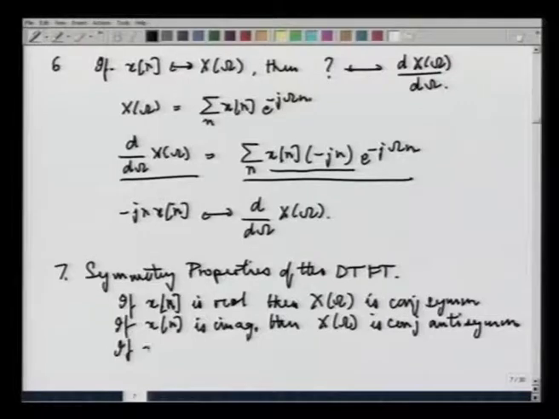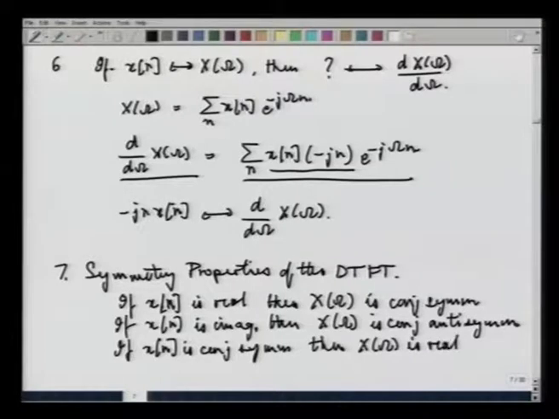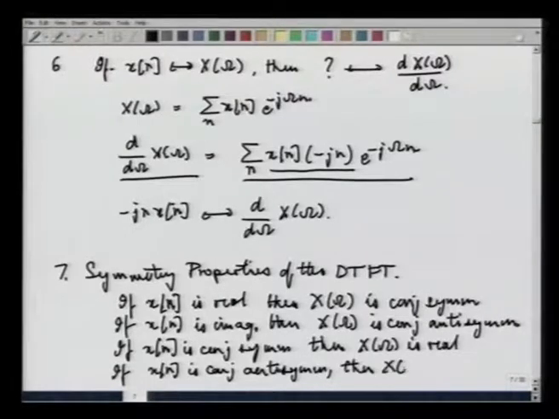Conversely, if x[n] is conjugate symmetric, then X(omega) is real, and finally, if x[n] is conjugate anti-symmetric, then X(omega) is imaginary.